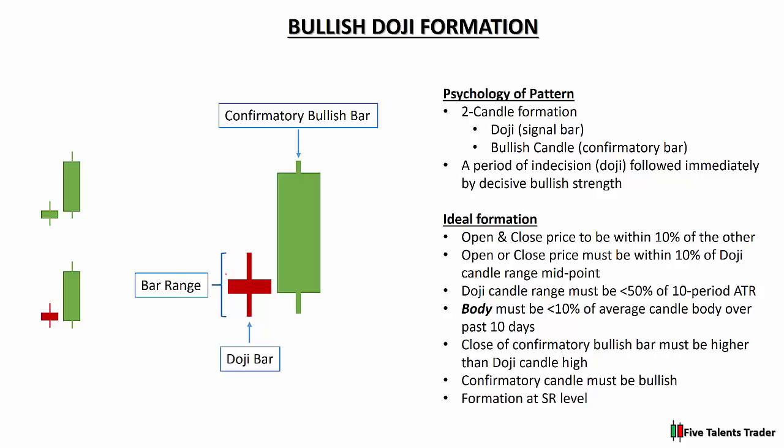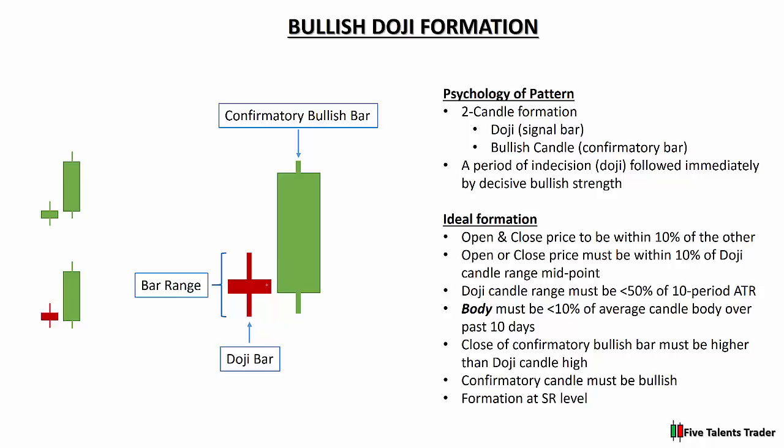Open price and close price are within 10% of each other, and in some cases the open price is equal to the closing price, and the range of that bar is pretty small, less than 50% of the typical ATR of that currency pair.